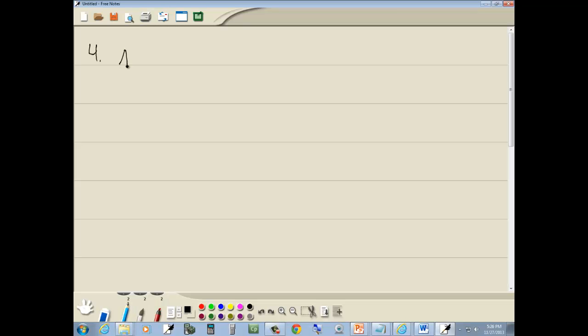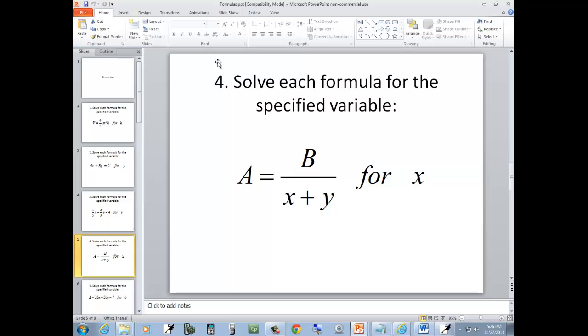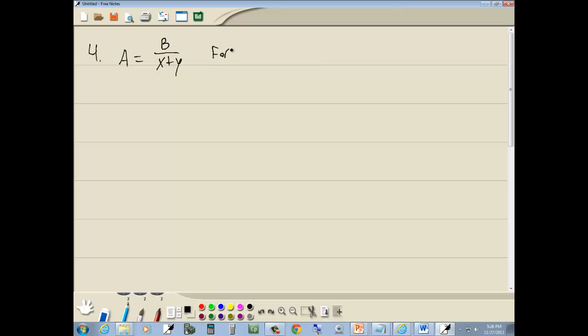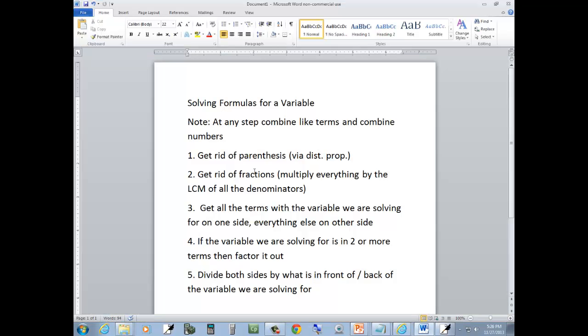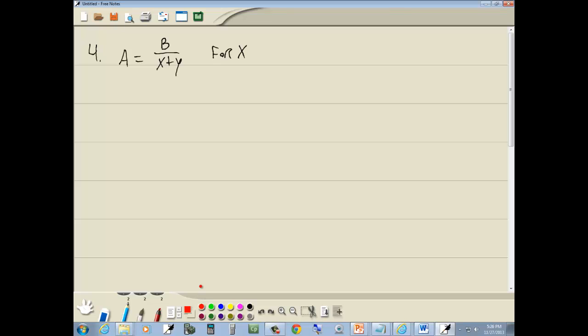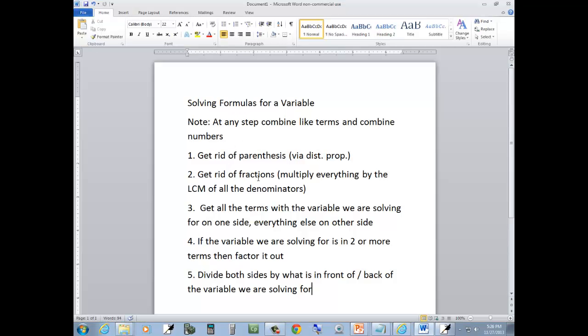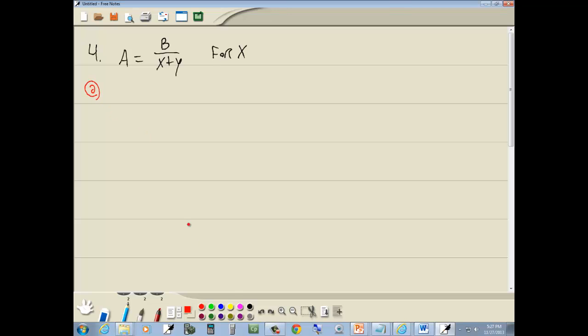So we got a is equal to b over x plus y, and we're solving for x. So going through our steps. First step, get rid of parentheses. Don't have any parentheses. Step 2, get rid of fractions. Multiply everything by the LCM of all your denominators. Well, we do have a fraction, and we have a denominator. We only have one denominator, so that is our LCM, even though it looks kind of bizarre.